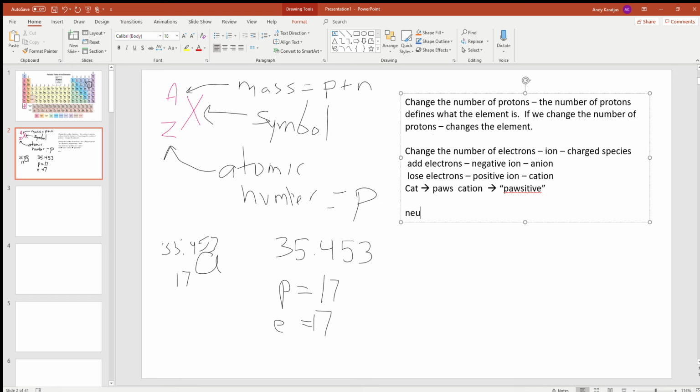So what happens when we change the number of neutrons? Here we get what's called isotopes. So these are the same atom, but with a different number of neutrons. So for some elements, there may only be one naturally occurring isotope. Or if there's more than one, one of them dominates.